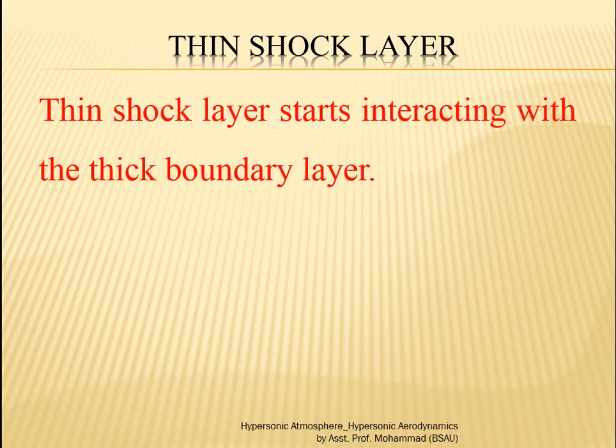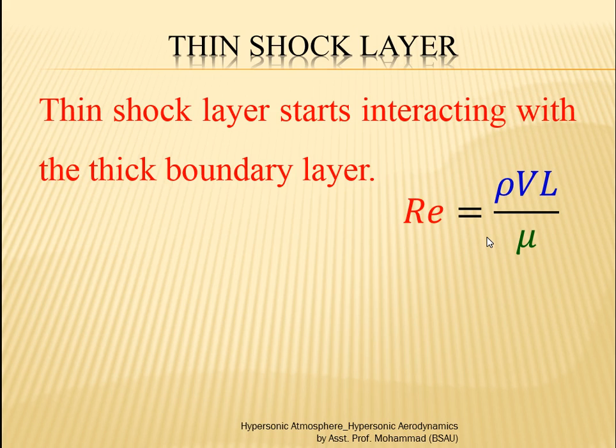This problem becomes important for low Reynolds number. We are aware of the Reynolds number. For low Reynolds number, we technically take the flow to be a viscous flow. In viscous flow, the boundary layer growth is very large. So for a large boundary layer growth, the thin shock layers become comparable, and sometimes they even merge together.